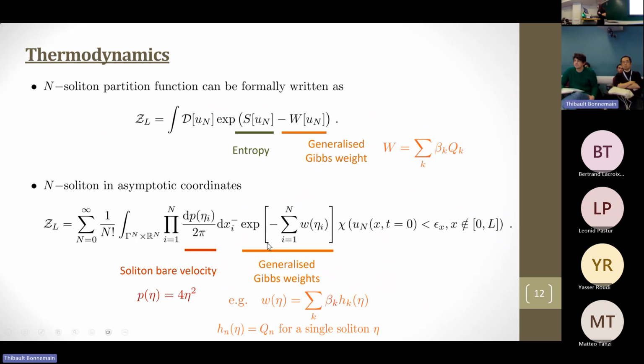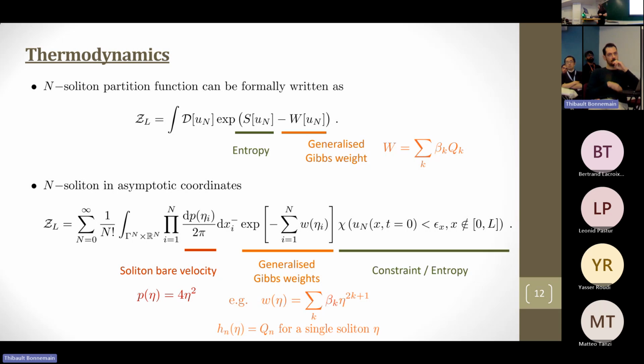In this case this h takes a very simple form, just eta equal to k plus 1. And lastly, a constraint or an entropy term, which is here to ensure that your solution is initially supported on 0, L.